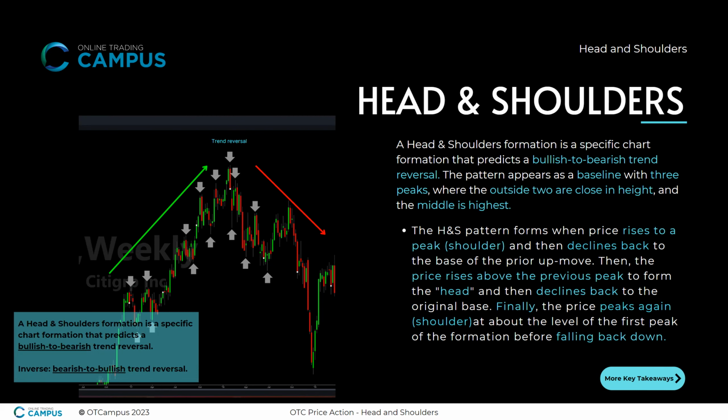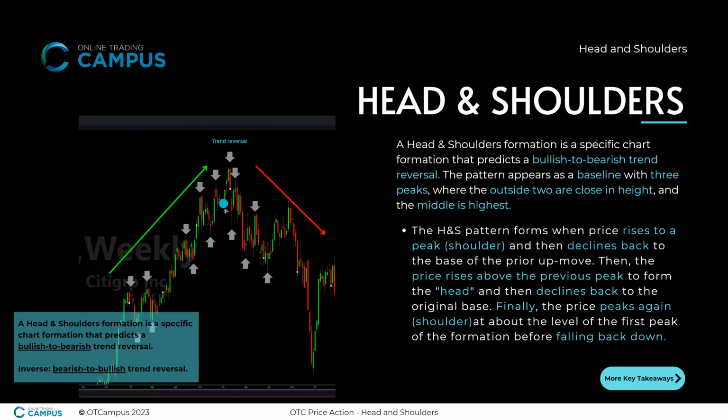The head and shoulders formation is a bullish to bearish trend reversal, an uptrend to downtrend reversal. The pattern appears as a baseline with 3 peaks, where the outside 2 are close and high, and the middle is highest. We'll talk about it in the next point.